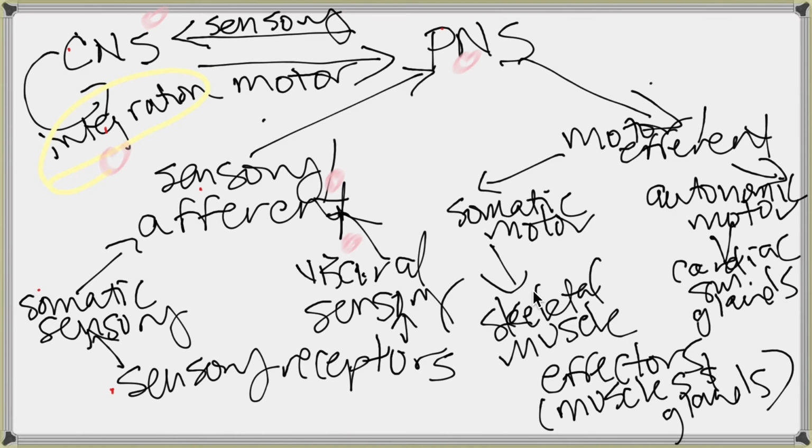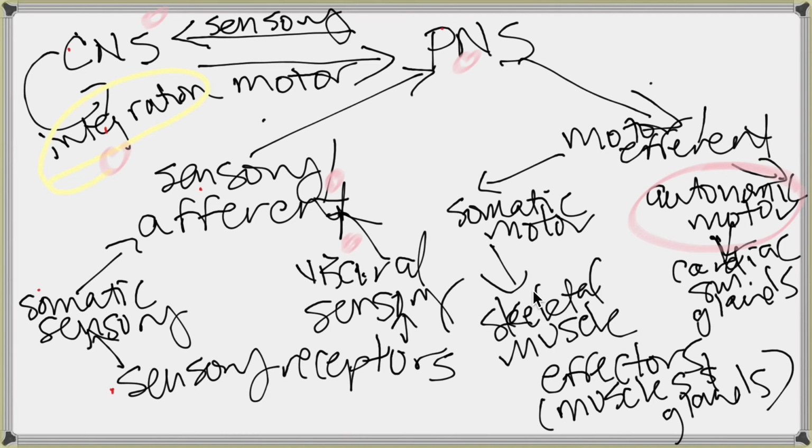The autonomic motor also has a subdivision that I'll tell you guys about later, which is the sympathetic division, which is often called the fight or flight, and the parasympathetic division. So later on, in the next set of notes, we'll take this and do a little bit more detail on it. So let me just do a couple of different examples for you guys with this stuff to see if I can get you to sort of think it through with me.